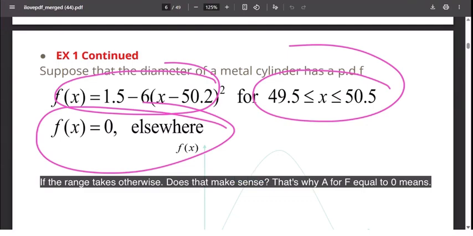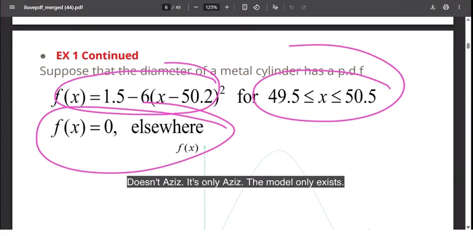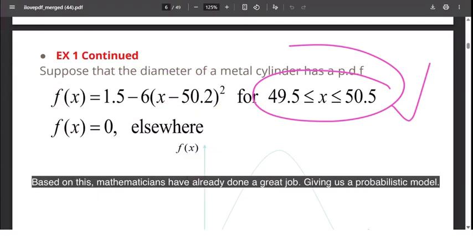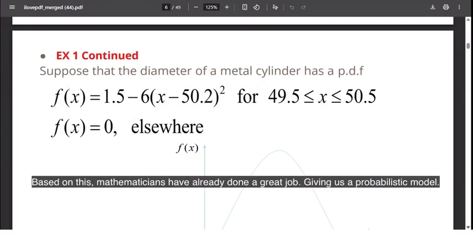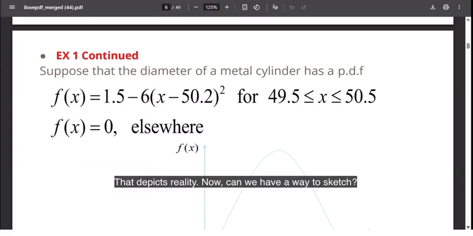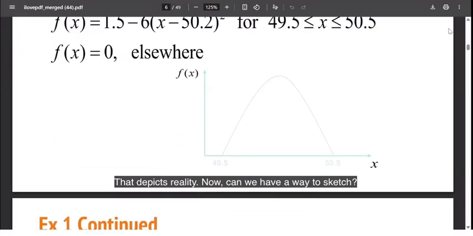Does that make sense? That's what f of s equal to 0 means. The model only exists within this domain. Mathematicians have already done a great job giving us a probabilistic model that depicts reality.